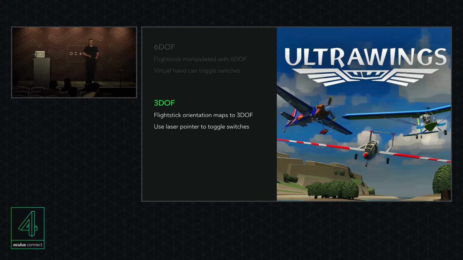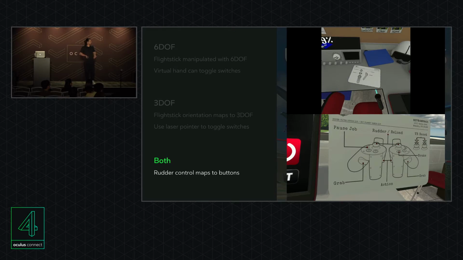And the flight stick orientation maps directly to your 3-DoF controller. So as you're orienting the controller, you don't ever actually lose the flight stick. Both versions of the game map the rudder to buttons, and a large part of this is because there's just no intuitive gesture to control the rudder of a plane.